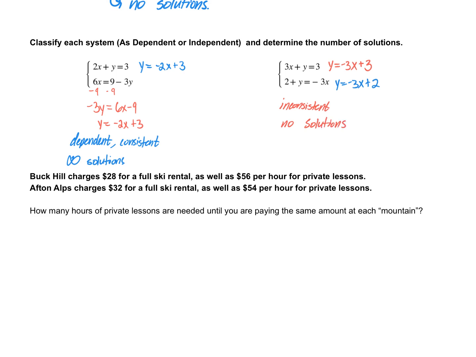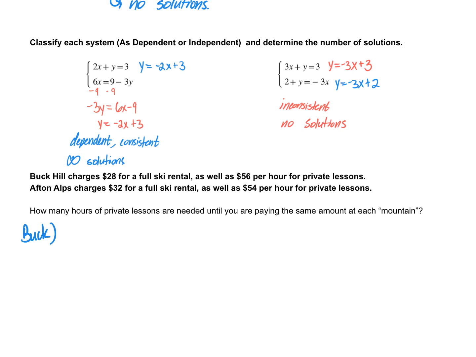All right, last one. Buck Hill charges $28 for a full ski rental, as well as $56 for private lessons. Afton Alps charges $32 for a full ski rental, but only $54 per hour for private lessons. So first off, let's write equations for both of these.